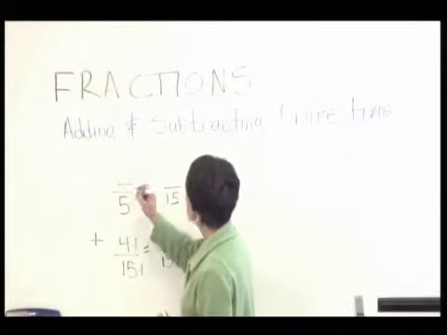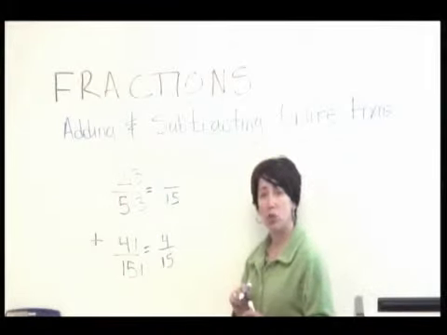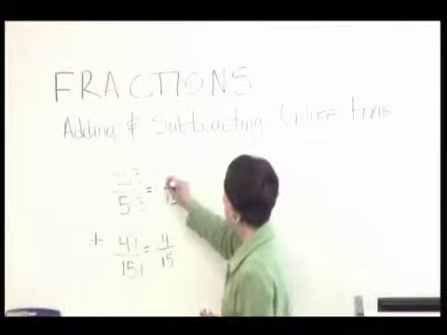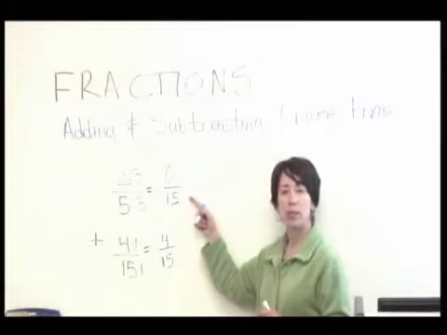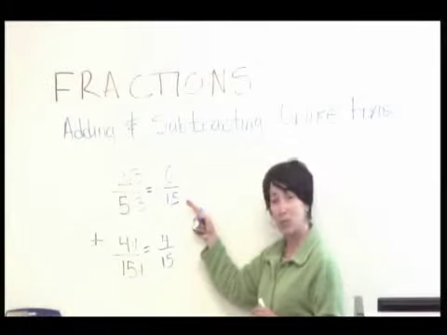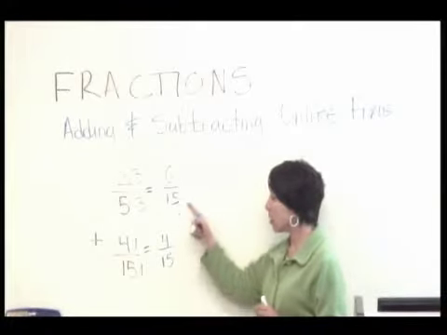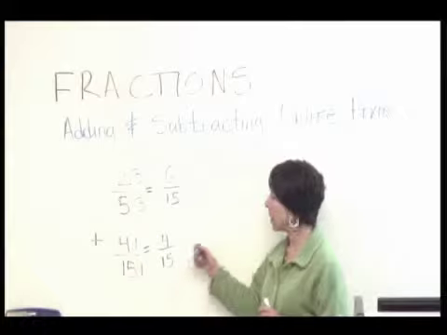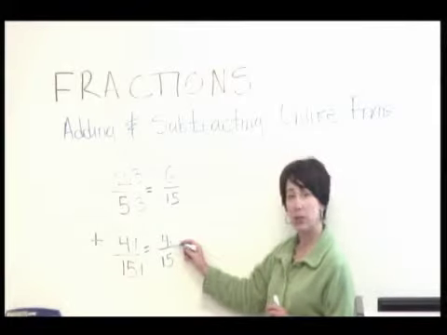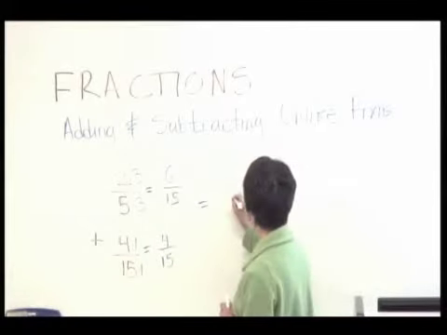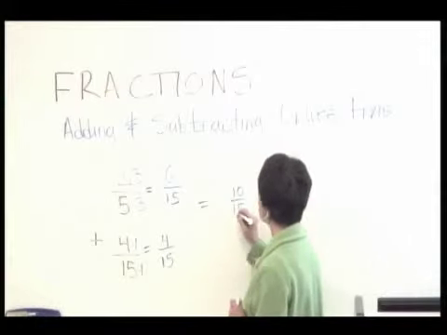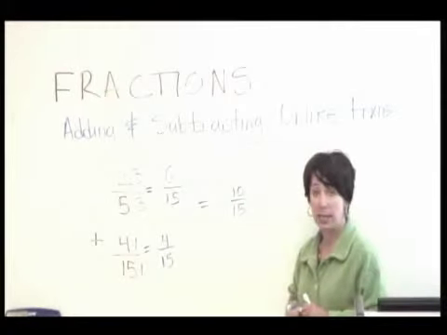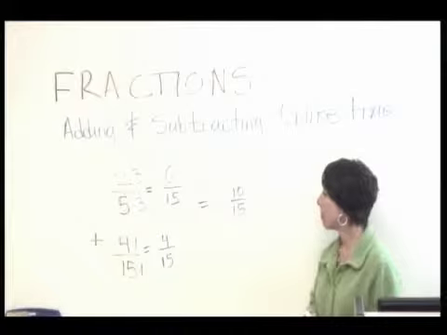So I do the same to my numerator. 2 times 3 is 6. Of course I could reduce this down as possible, but I don't want to because now I have my two fractions with the same denominator. Now I can add: 6 plus 4 is 10. So my answer at this point is 10 over 15.